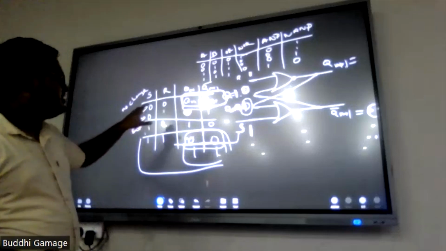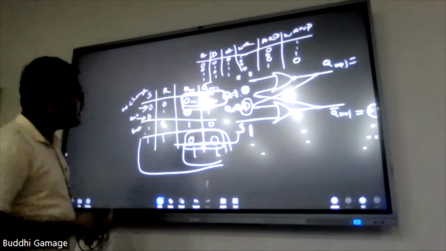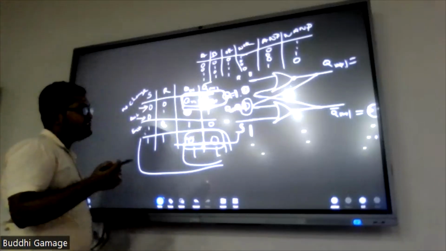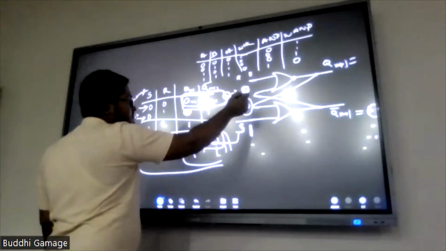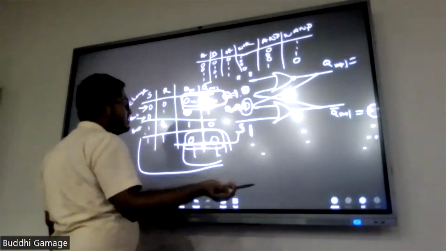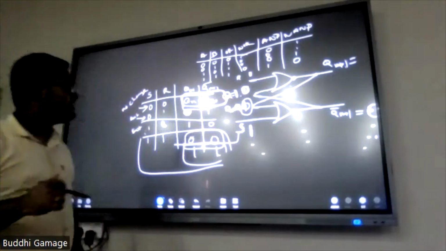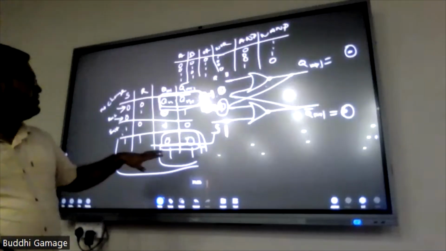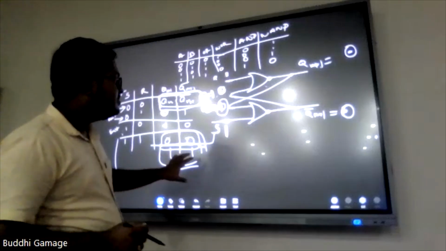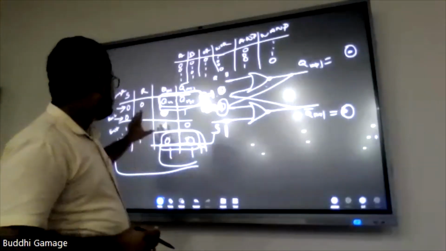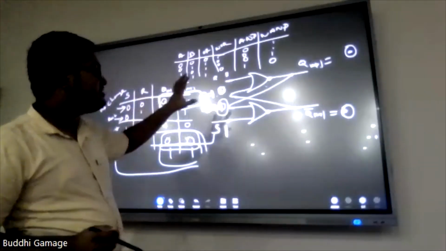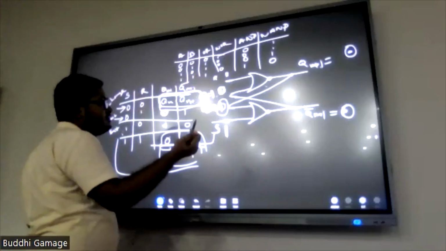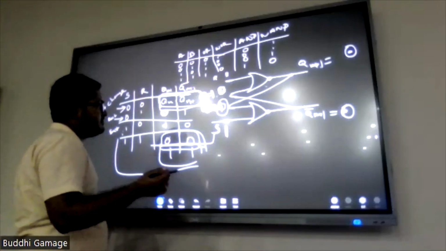For reset, the Qn plus 1 will be 0. That means if R is 1, it will be set to 0, so Qn plus 1 will be 0 in reset.